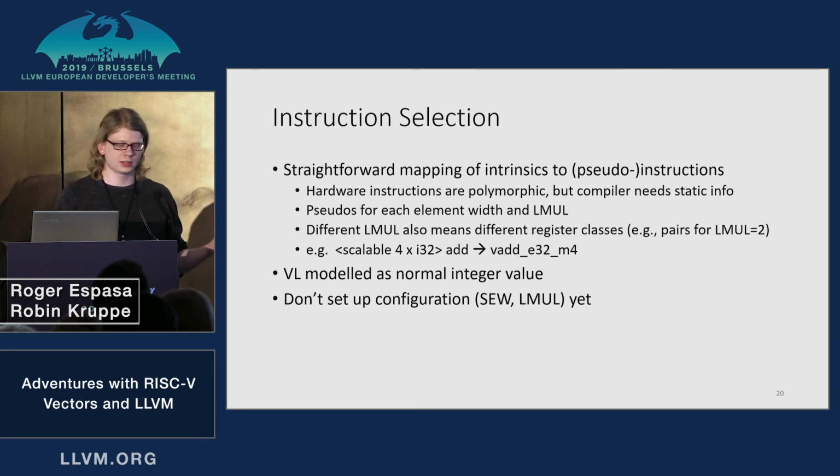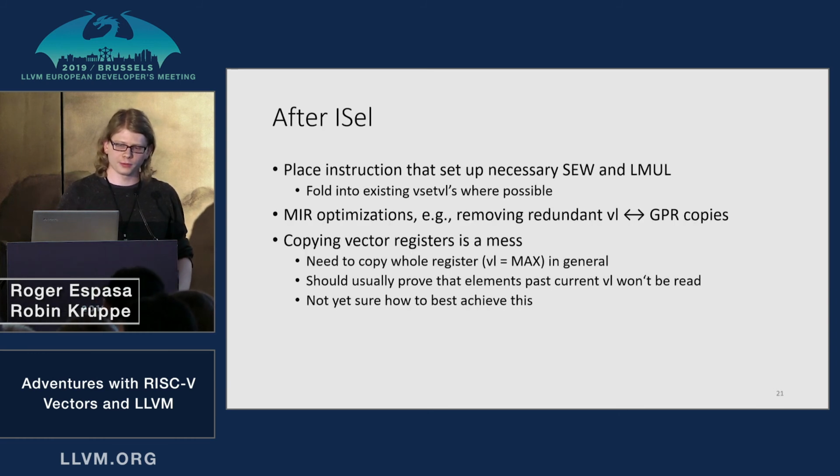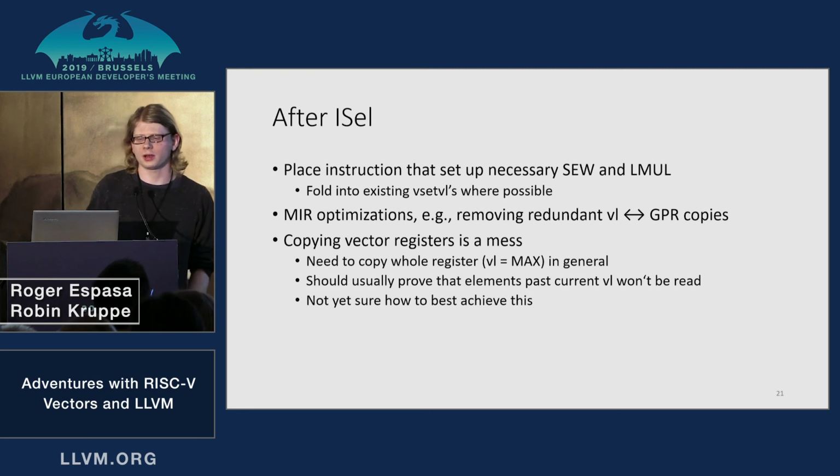So for example, a scalable 4 times i32 add might be a pseudo instruction, add element 32 multiplier 4. And at this stage, we don't insert the instruction to set that up yet. But we do that afterwards in a machine IR pass, figure out the right places. This is something I've not finished implementing yet because I'm still fighting ISel bugs, but it's something that happens.